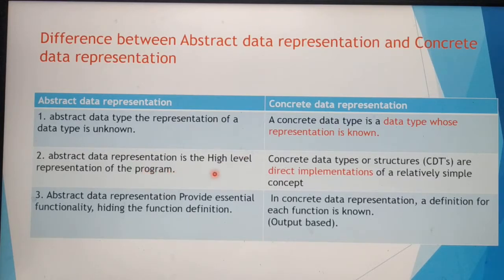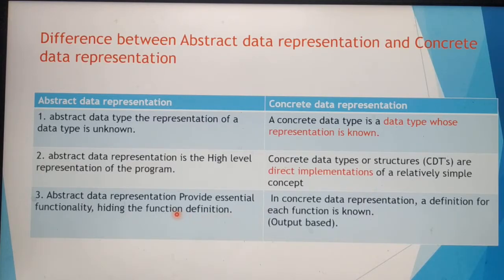High level representation means it explains the basic structure of the functionalities. It does not define the inner part of the functionality or the low level structure of the program. But in concrete data representation, data types or structures are direct implementations of relatively simple concepts. It explains or implements each and every part of the program.